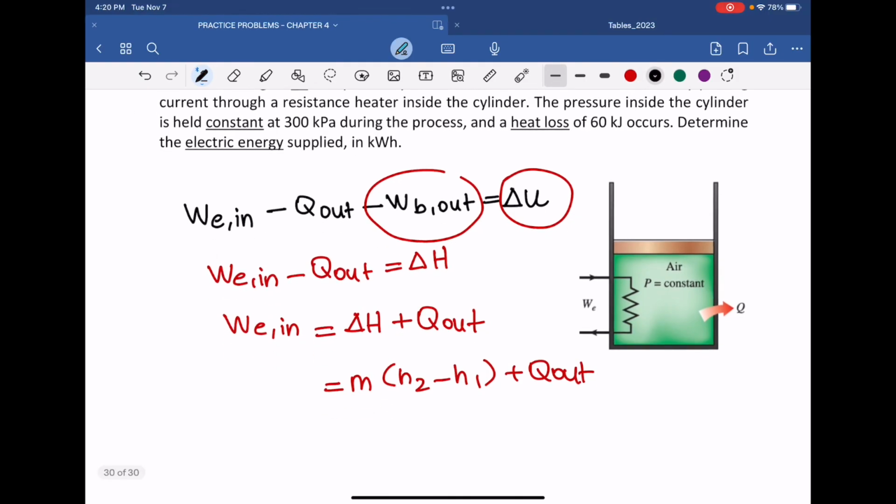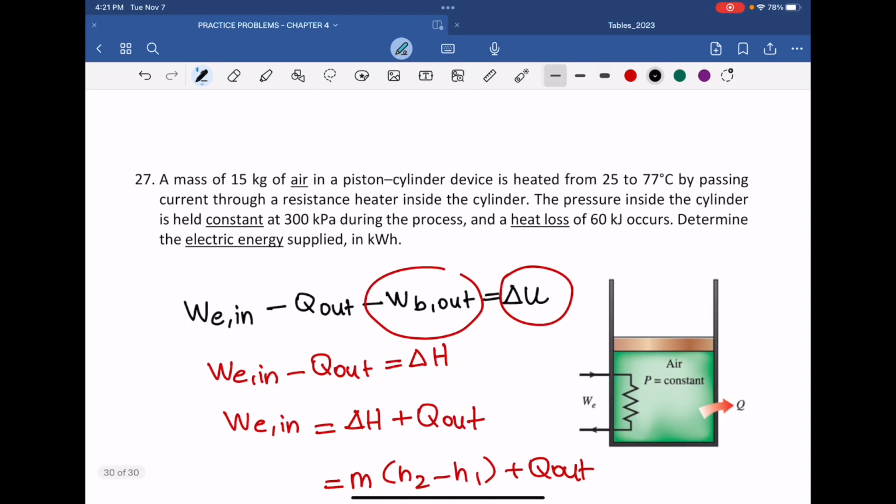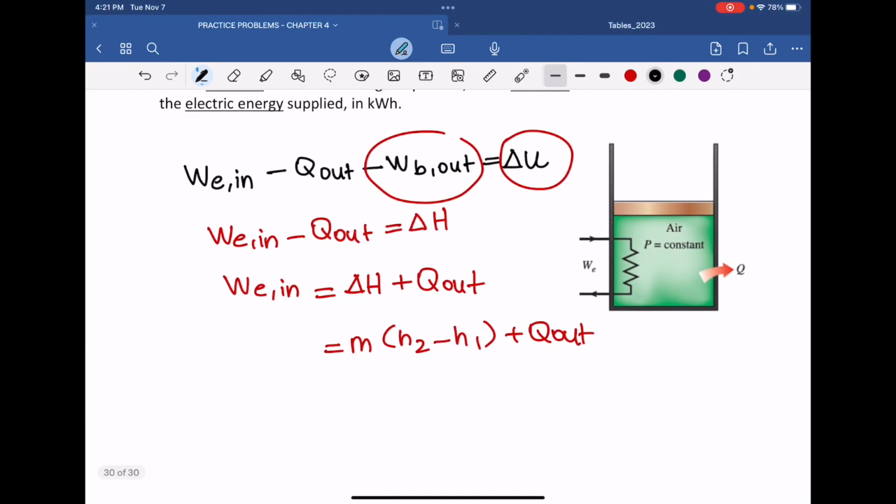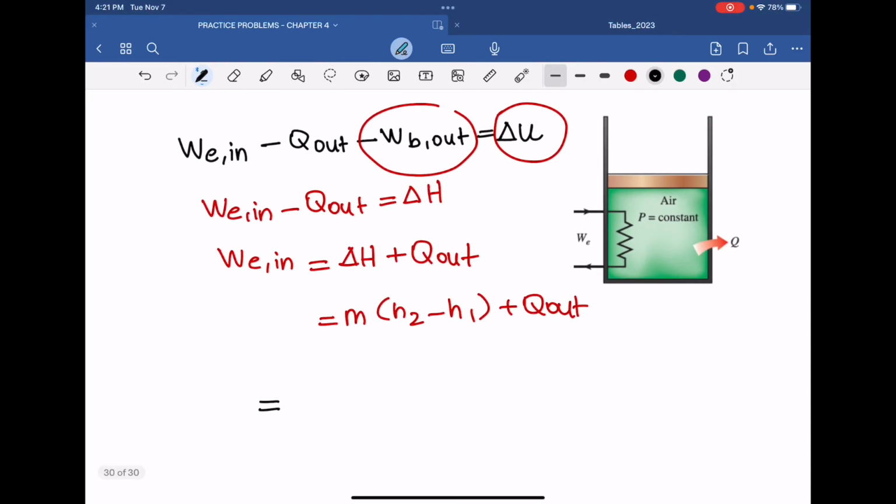So how do we find H1 and H2? If this is air and I know the temperatures, which I know here because they say 20 to 77, I should look at table A17 for each temperature and find the corresponding enthalpy. And if you do that, you will be able to calculate the enthalpy change.